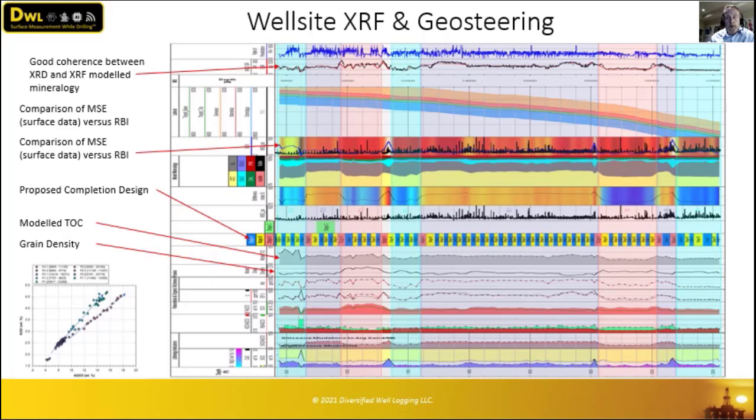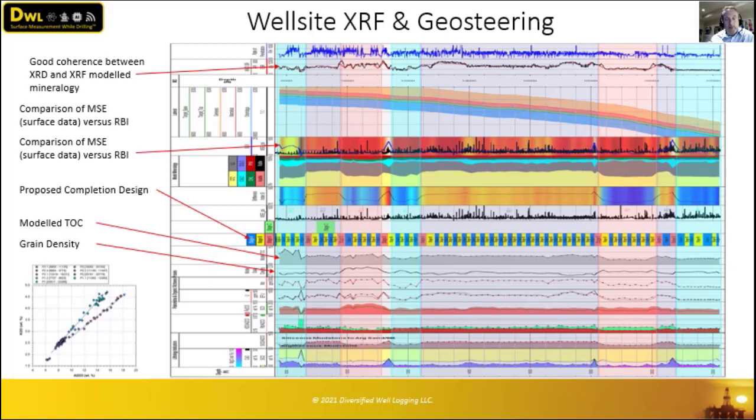This was a record lateral, 22,000 feet, drilled very fast at 800 feet an hour. You can still see very good coherence between the surface gamma ray measurements and the downhole gamma ray measurements, which showed that the well had good hole cleaning and efficiency, which was obviously required, otherwise they wouldn't have gotten out to 22,000 feet measured depth.